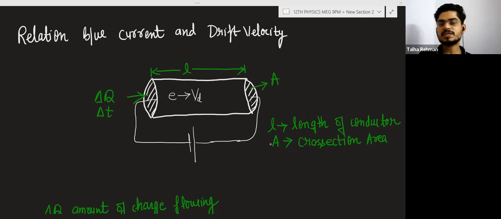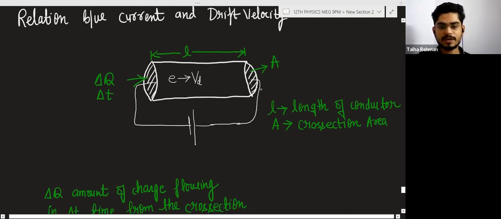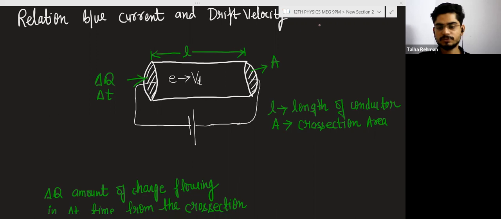The drift velocity is given by the length of the conductor divided by delta T, where delta T is the time taken by the electron to cover the length of the conductor. Hamza, have you written this? Now please take a screenshot of this or note it down.